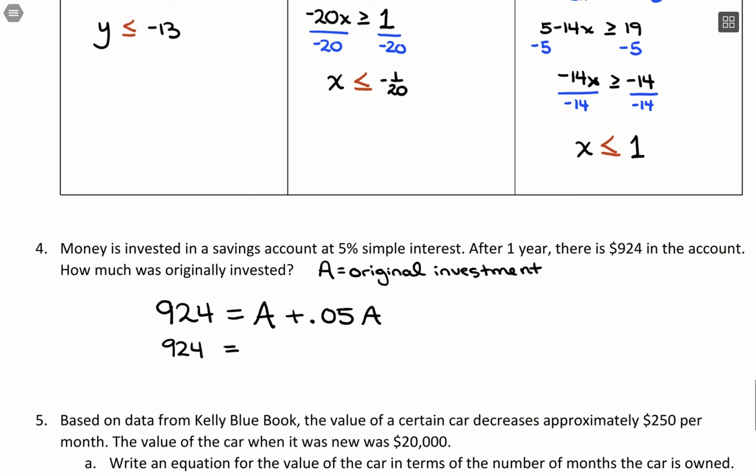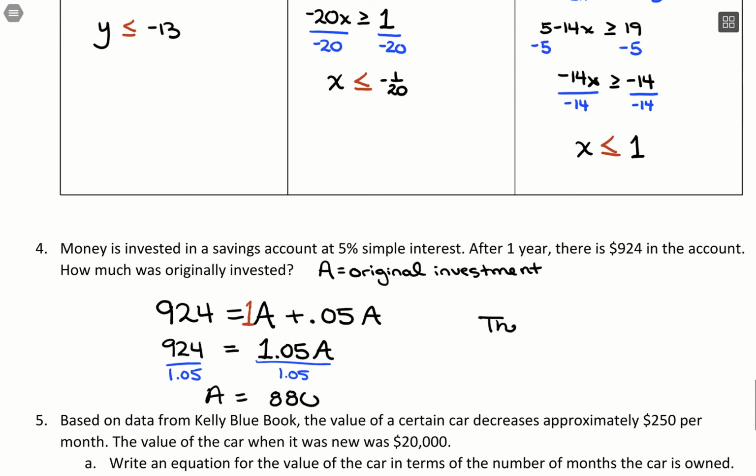Now to simplify, combining our variable, again with that first value of A, it's like there's this coefficient of 1. So combining our like terms, we're taking this 1 plus 0.05. So it's a 1.05 times A. And then we'll just divide both sides by 1.05. And we'll get A is 880.